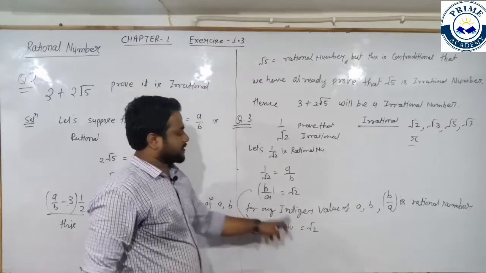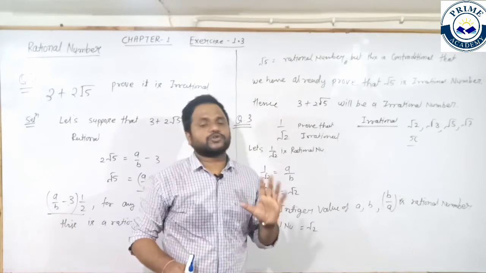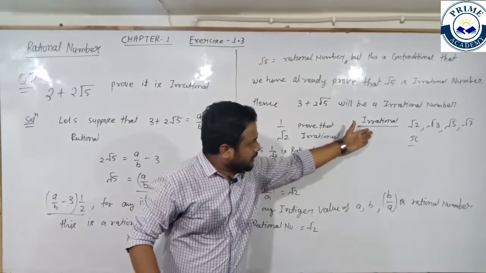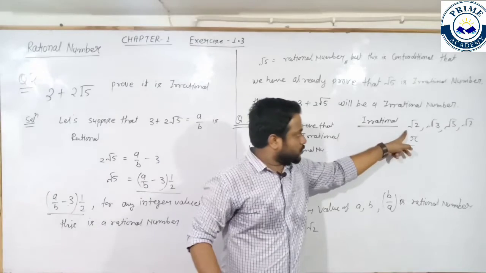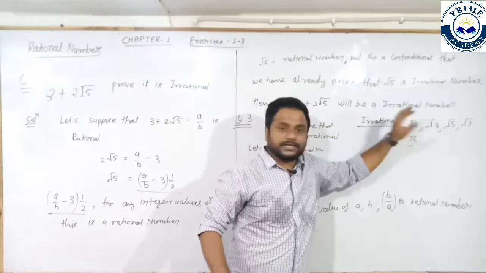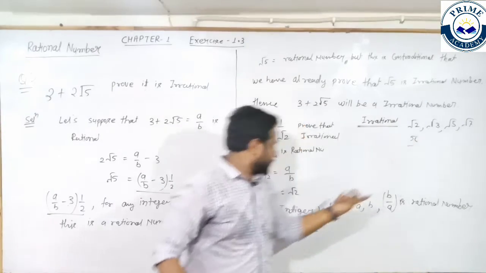Again you write this is a rational number, but in the example in the NCERT book we have already shown that irrational numbers are what? Root 2, root 3, root 5, root 7, and so many numbers which come in root. So pi is also an irrational number.